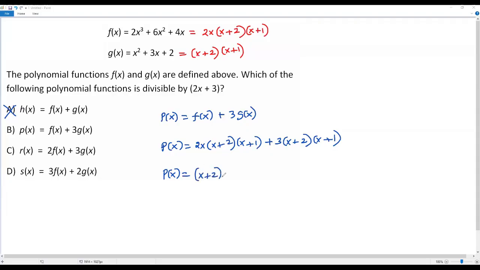When I factor this out, I am left with 2x in the first term and 3 in the second term.